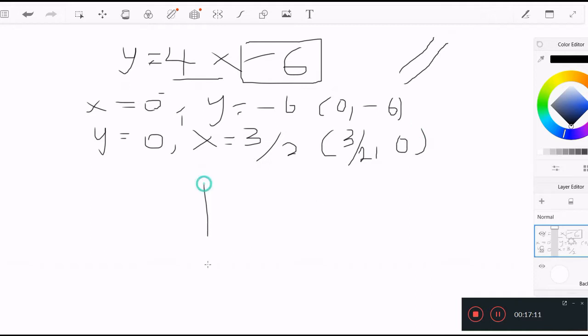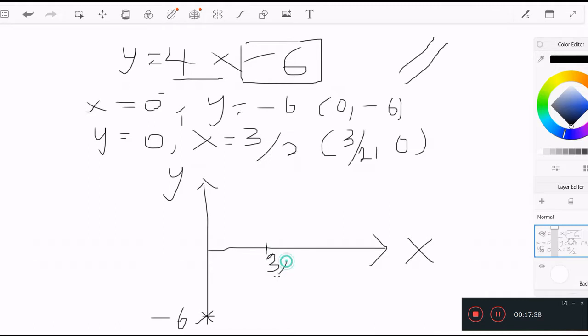You have 2 points here. So at x equals 0 and y equals -6, this is one point. And the second point is 3 over 2.